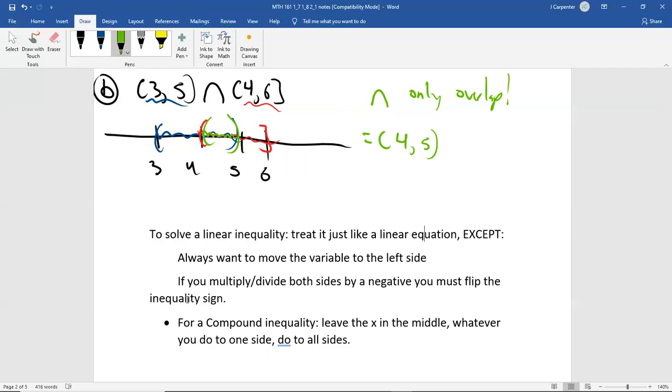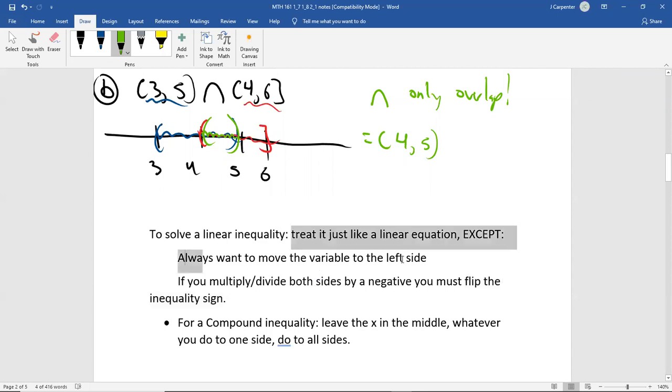What that means symbolically is I spin around 180 degrees. Whenever you multiply or divide something on a number line by a negative, you are flipping the number line 180 degrees. Negatives are positive, positives are negatives. So that less than orientation has to change with you or vice versa. Should you ever multiply or divide both sides by a negative, you will have to flip the inequality sign. That is the one major difference in these.